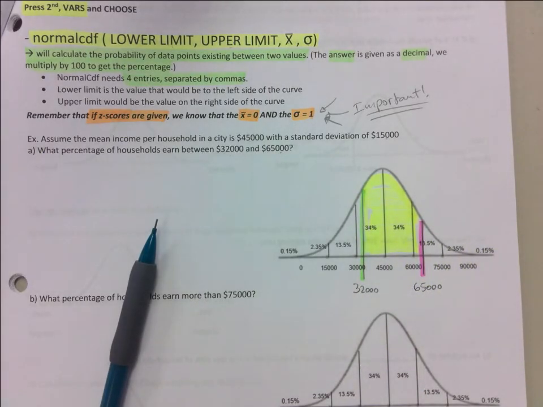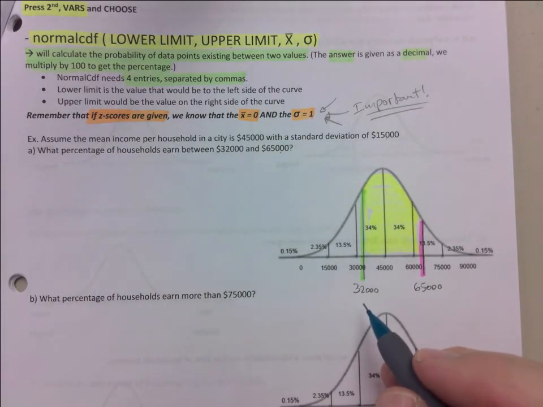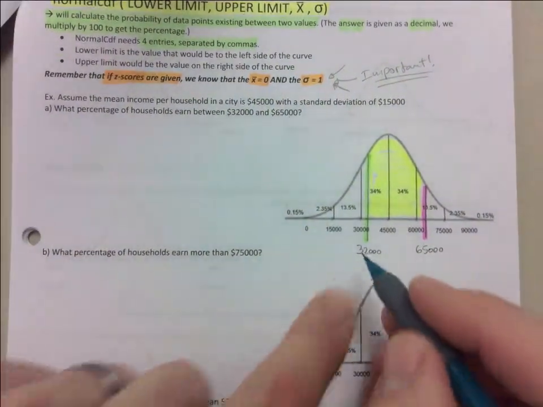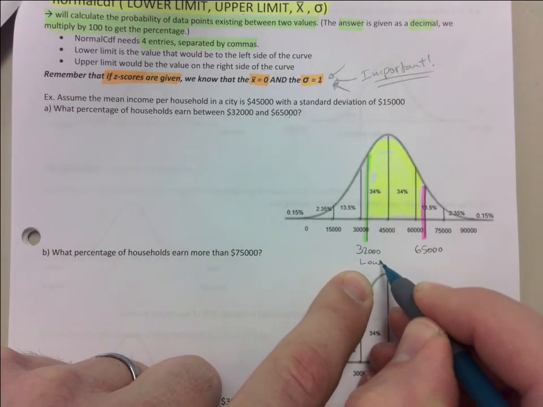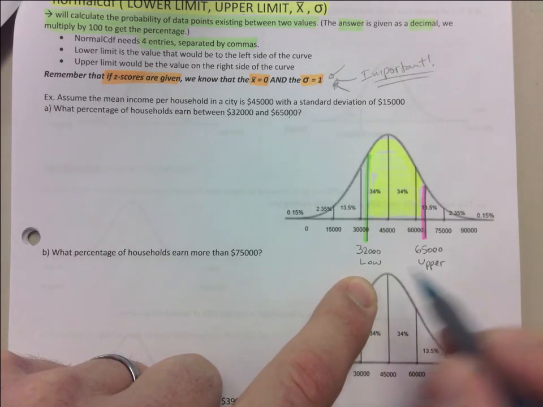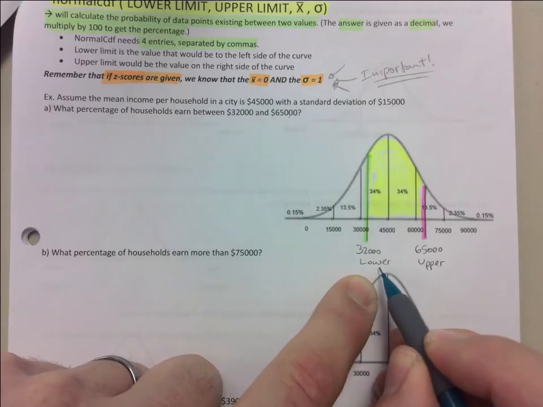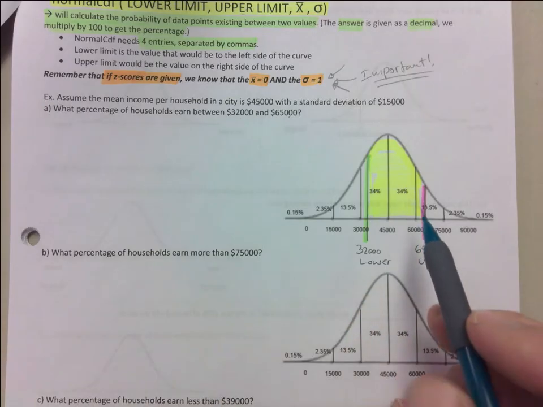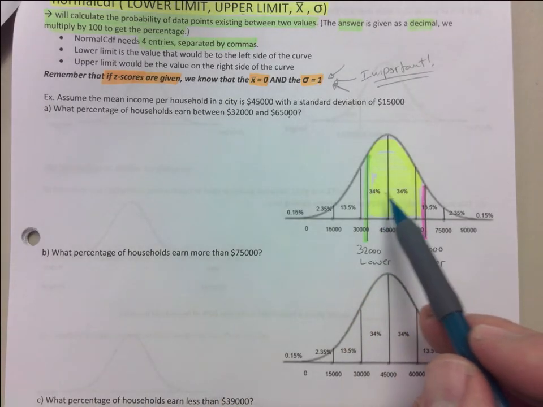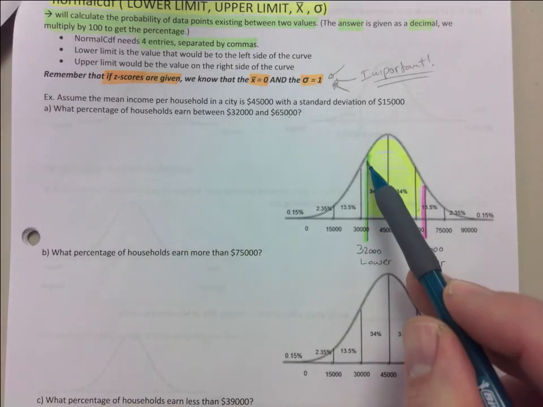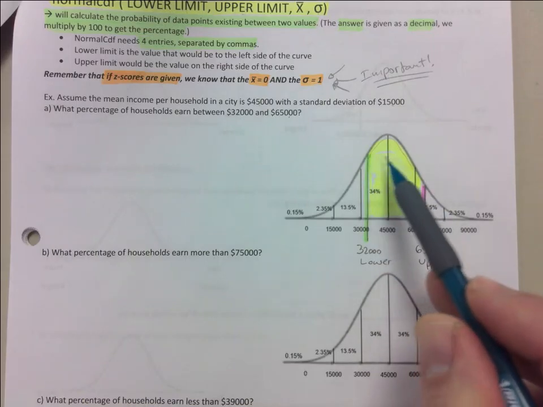That's what Normalcdf is good at. This is my lower limit, this is my upper limit. So there's a start and a stop. We can't just eyeball it. The calculator can do this exactly, everything under this curve.